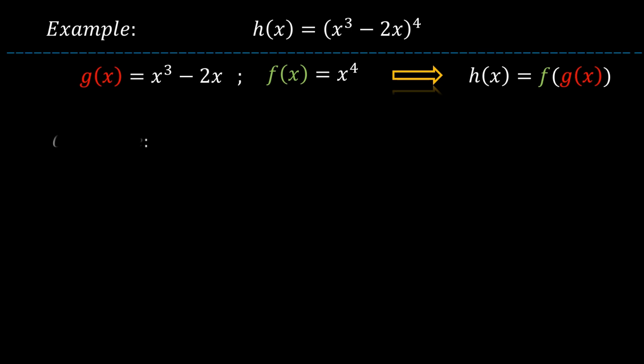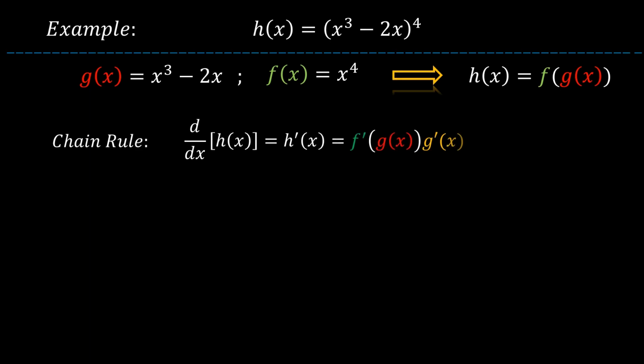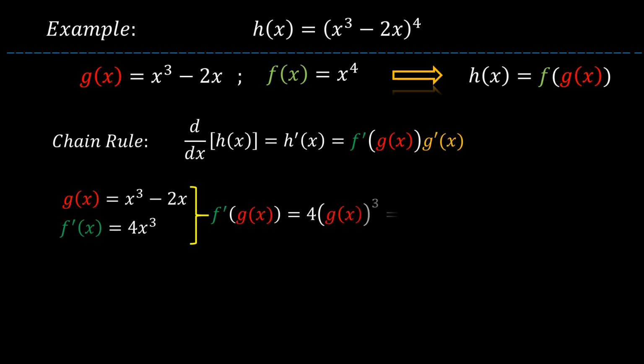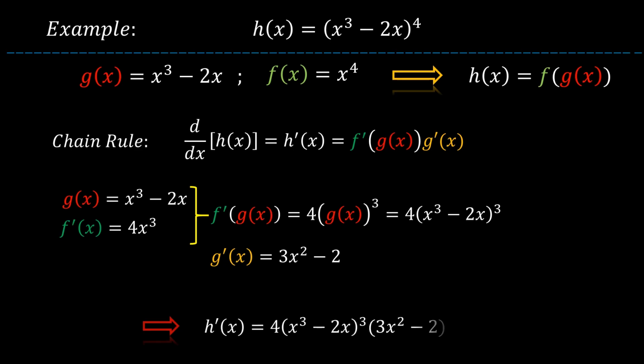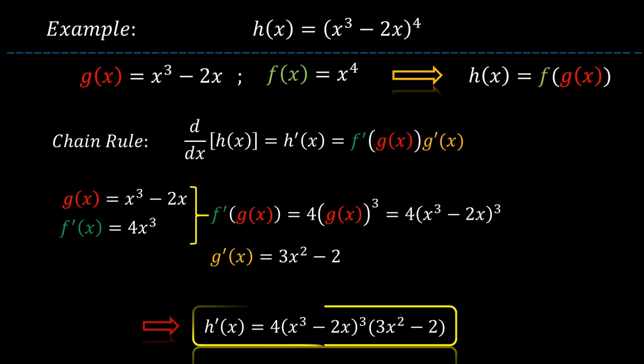So, our function h of x becomes f of g of x. Now, using the chain rule, the derivative of h of x is f dash of g of x times g dash of x. After evaluating and putting the individual functions' derivative values into the above formula, we get the derivative of h of x.